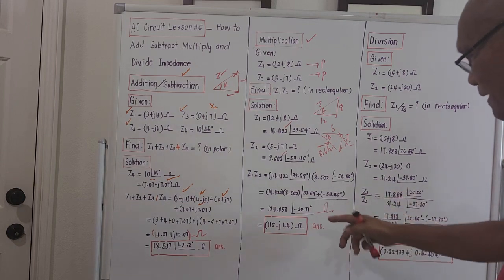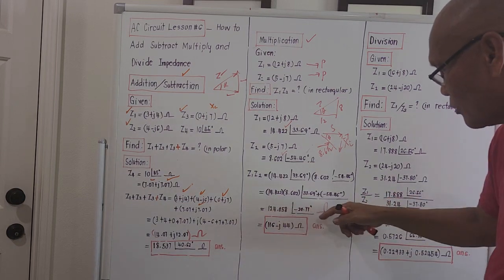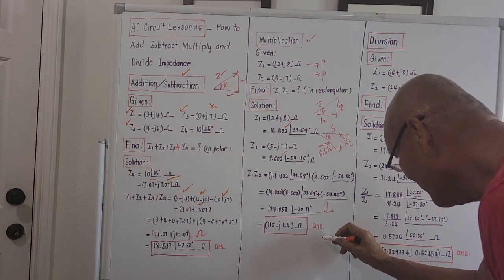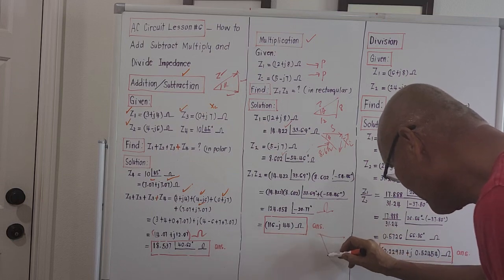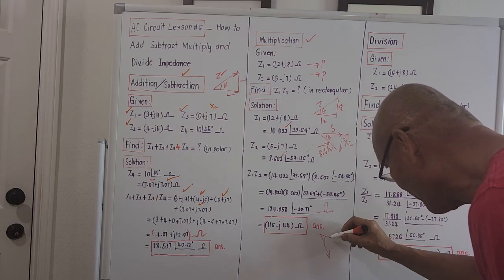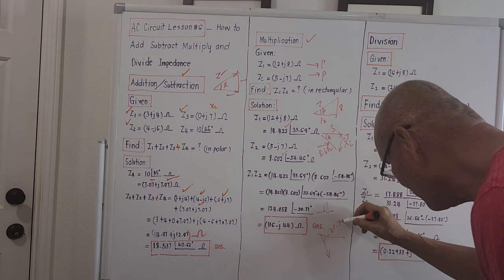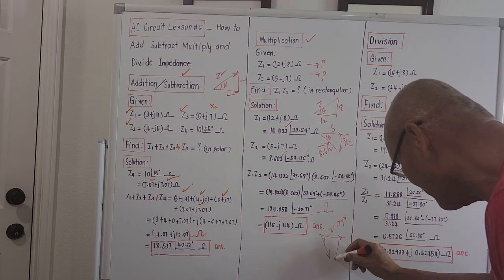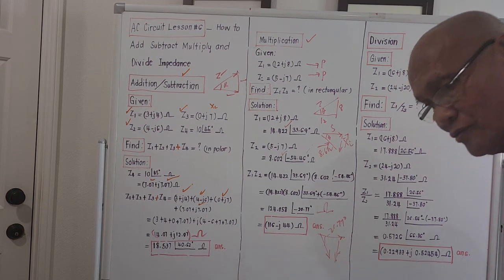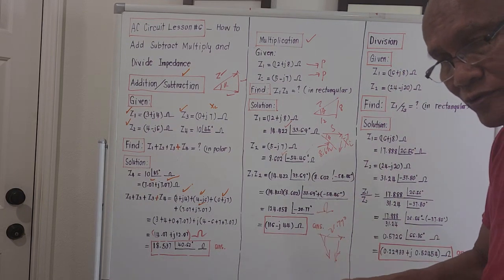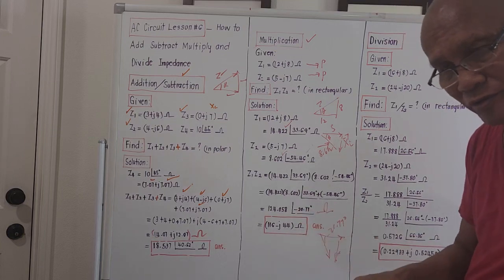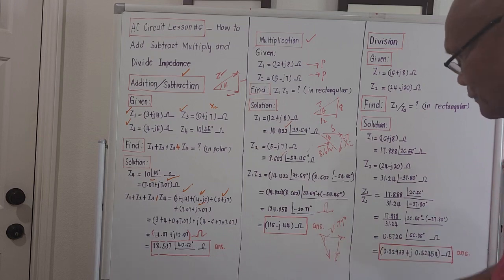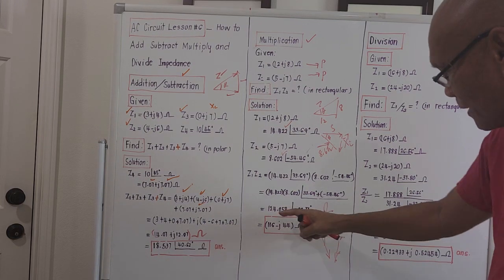And if we try to bring out the rectangular equivalent of this one, it is in the fourth quadrant. This angle here is negative 20.77 degrees. So this is the real part and this is the imaginary part. Just use your knowledge of trigonometry, use the sine and cosine functions. For the real part, take the cosine of this multiplied by the magnitude.